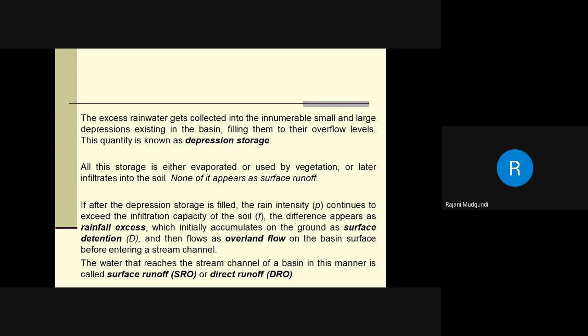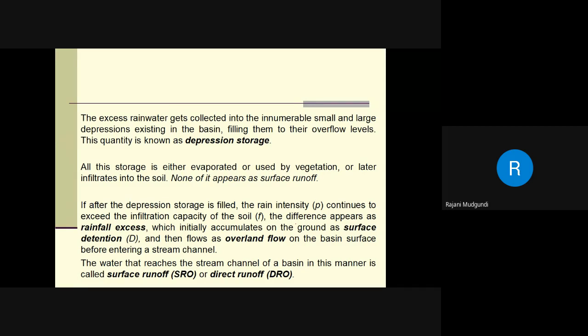So the water which is falling in excess quantity, that of infiltration capacity. So we have given the example of 10 mm per hour as the rainfall intensity and infiltration capacity as 8. So the excess of 2 mm per hour which is there will be available as rainfall excess, which initially accumulates on the ground as surface detention, and then it will flow like an overland flow on the basin surface before entering the stream channel.